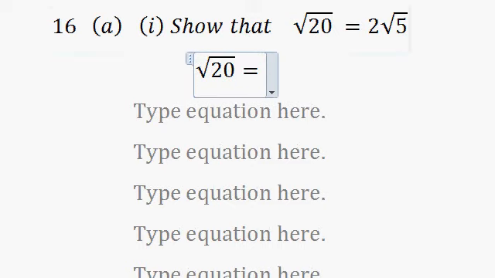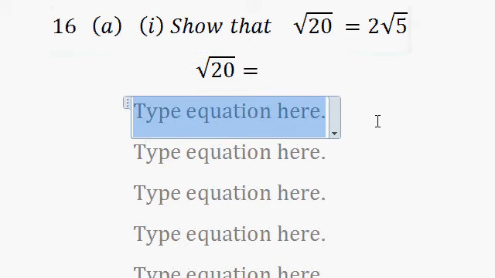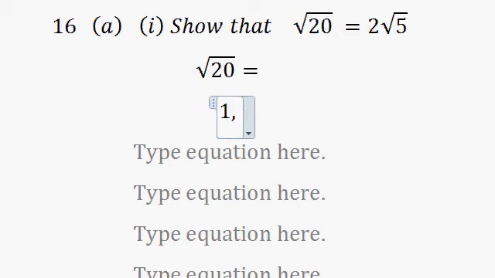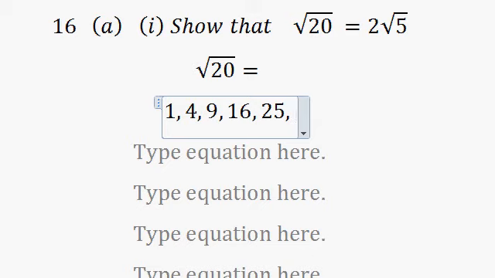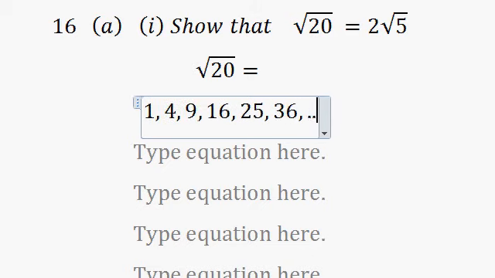Now to simplify surds, you first need to find a square number that divides evenly into the surd. So the square numbers are 1 squared, which is 1, 2 squared, which is 4, 3 squared, which is 9, and so on. 16, 25, 36, which is 6 squared, and so on.